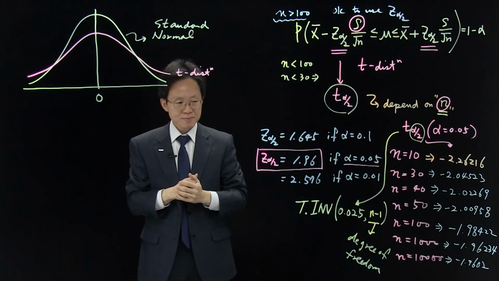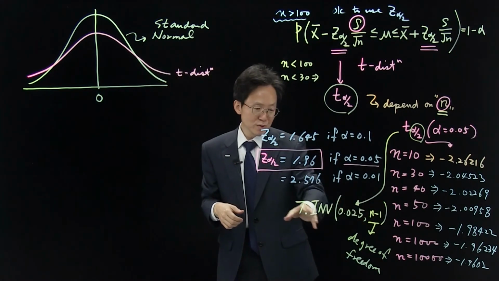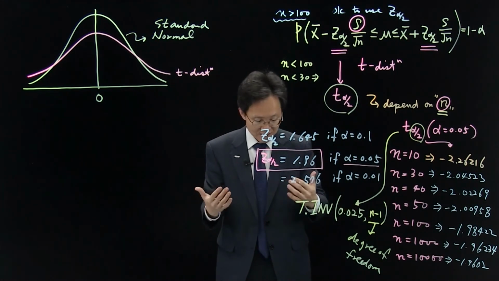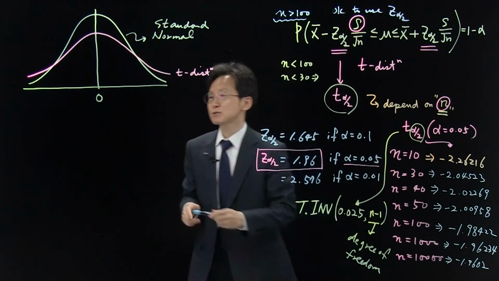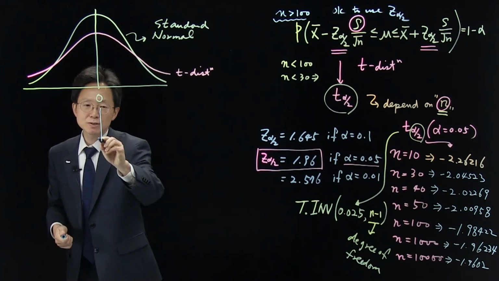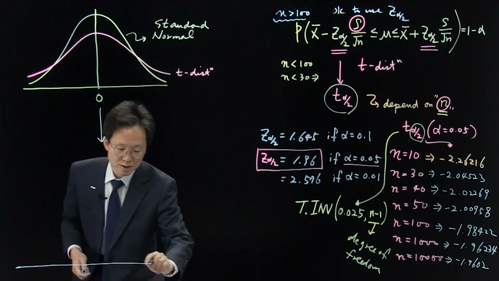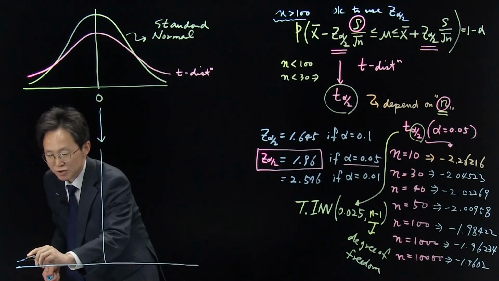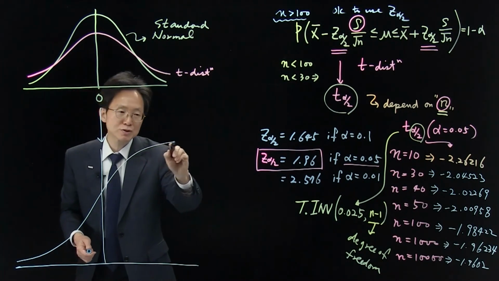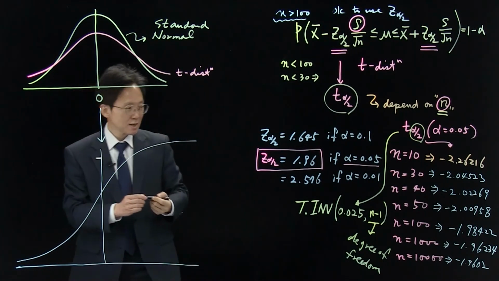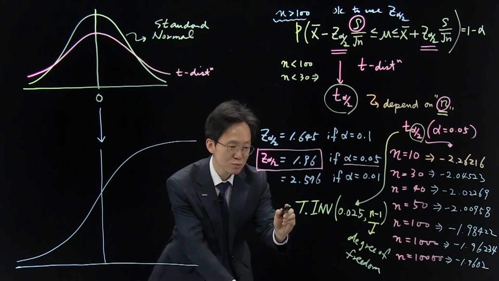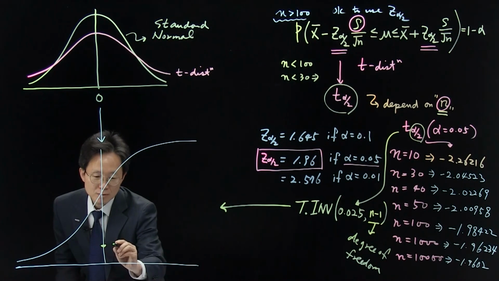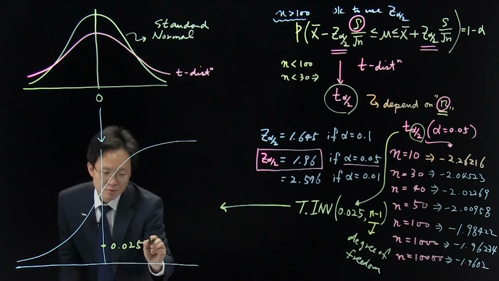And that's the logic. When we use t dot inverse, we are looking at the cumulative distribution function, right? That's the same thing as with the normal distribution and the t distribution. For example, if this is the cumulative probability function for the t distribution, it will look like this. First we take 0.025, right?